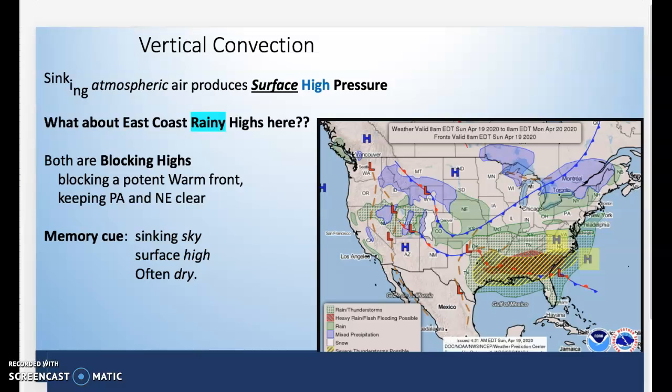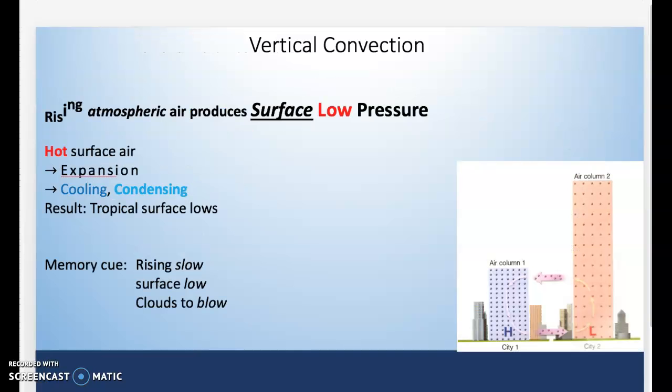Now, correspondingly, you can look at rising atmospheric air. Different story. Rising atmospheric air and that vertical convection to go up produces surface low pressure.